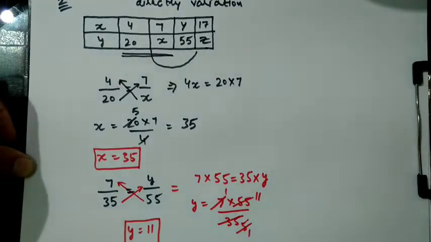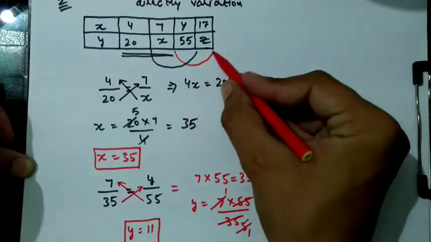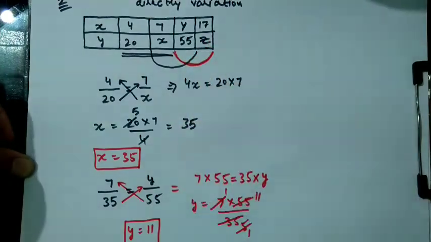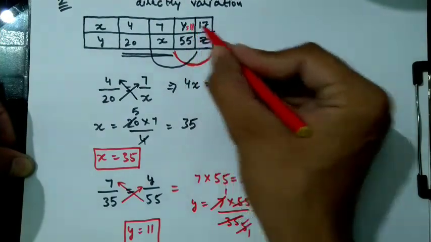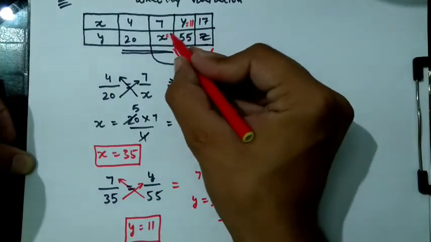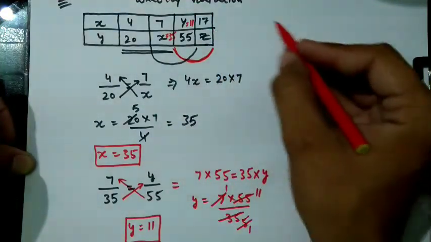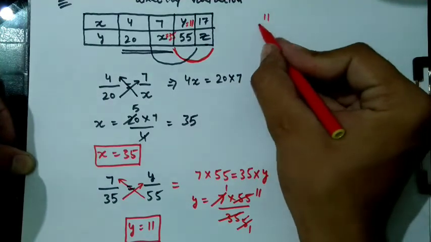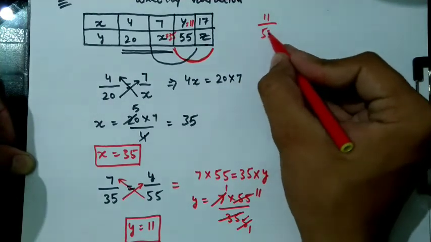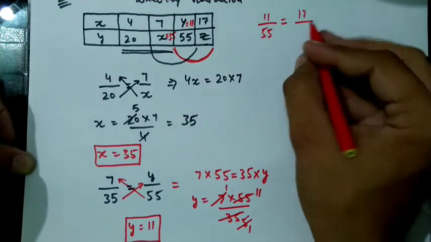So finally you will get the value of y is 11, right? Now the third case, this one, we have to find the value of z. You know that the y value is 11, and the x value is 35. So find the value of z now. Here 11 over 55 is equal to 17 over z.